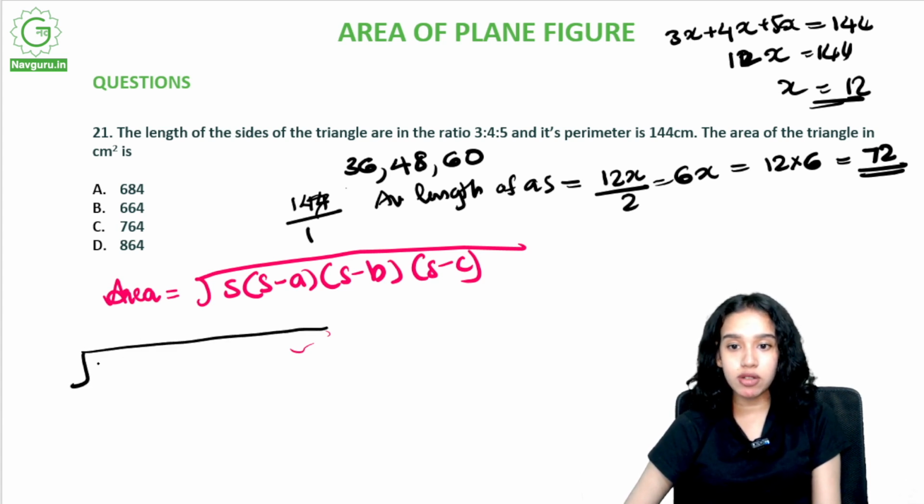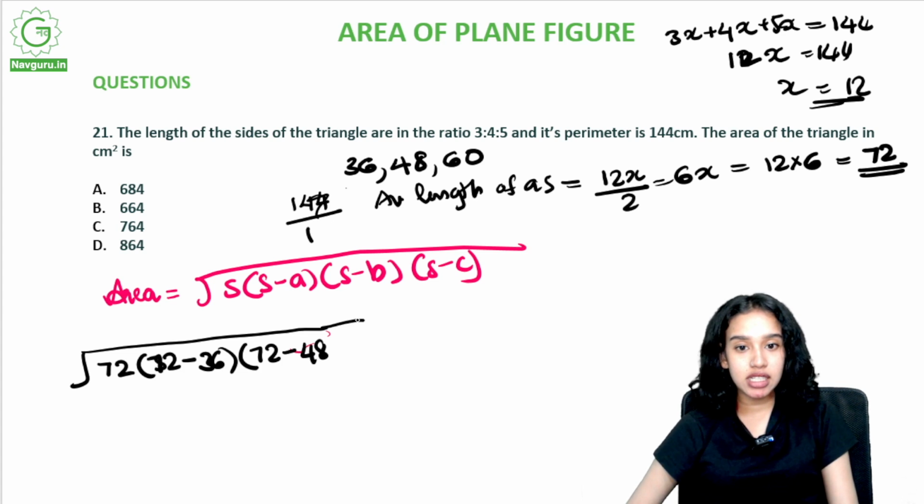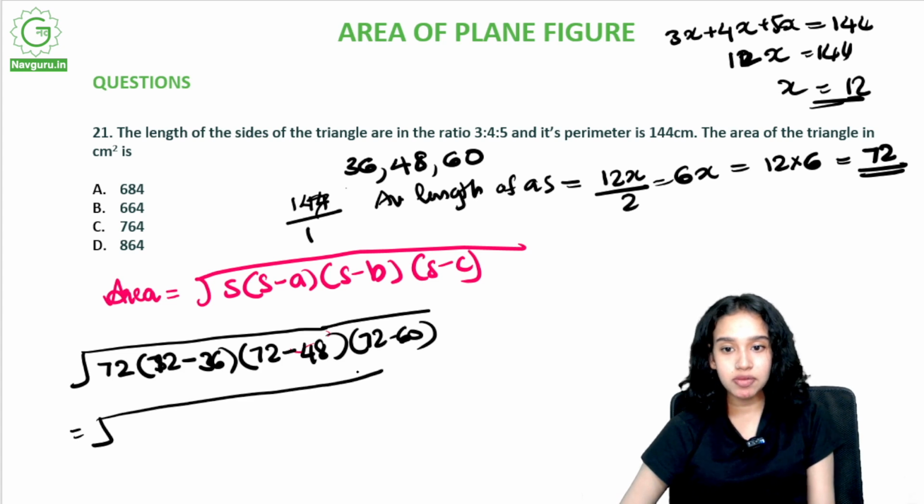So this would be root of 72 into, what is s? S is 72, a is 36. What is b? B is 48 and c is 60, right? Now this would be equal to root of 72 into 72 minus 36.